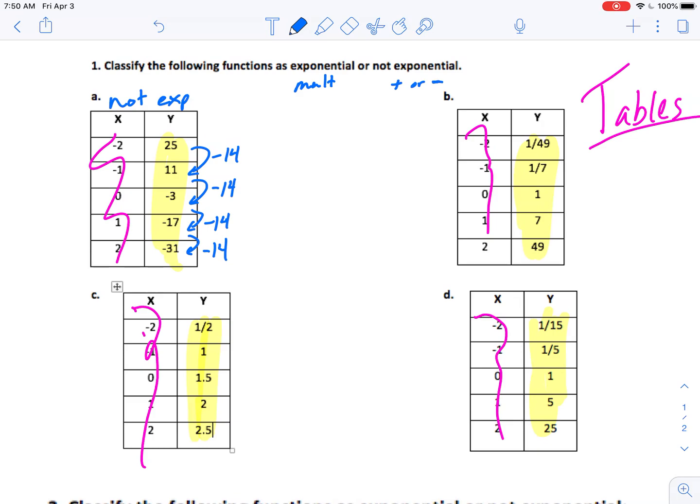Alright, so I'll start with 1 over 49, or 1/49th. And you could type that into a calculator if you wanted to get a decimal to check. So this is 0.020408. So I could type that into my calculator and I could figure out, what do I need to multiply by.